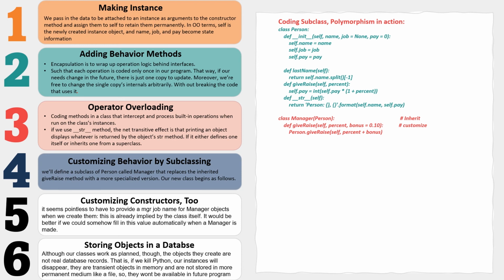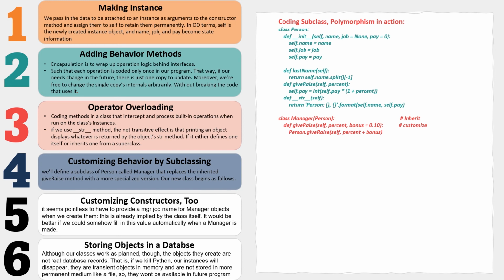For that, I have to add a bonus of 0.10. That's what I have done. As this parameter is specific to the customized give raise method of the manager subclass, you don't need to use self dot, because it is specific to this one only. Now I'll add this back to the give raise instance attribute.